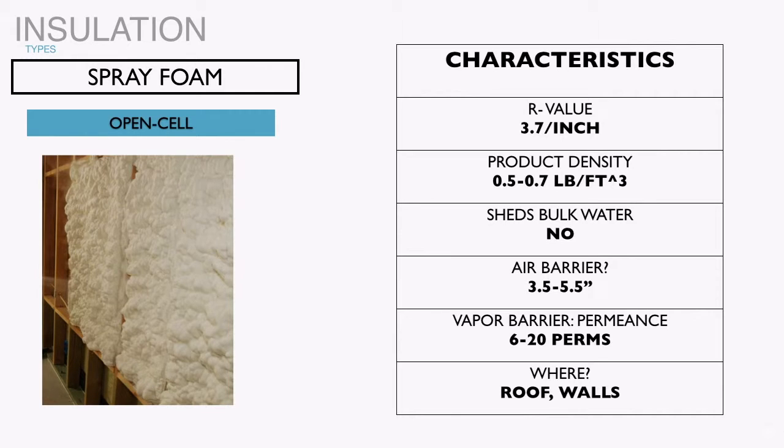The permeance is good if installed properly, and I say good, it is vapor permeable, probably in the optimal range, 6 to 20 perms. So where would you find it? Where would you put it? On the underside of your roof decking, in the stud cavity of your walls.